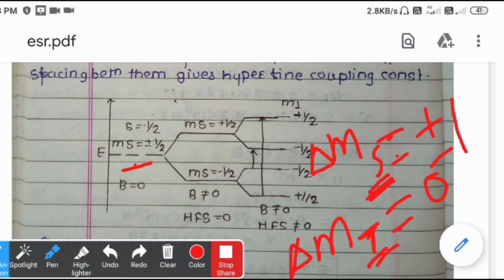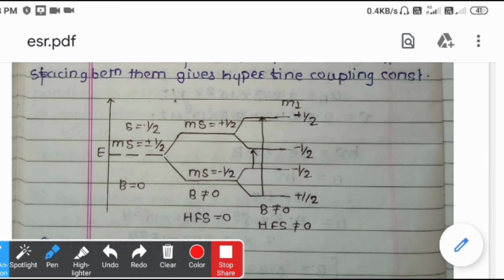But when we apply the external magnetic field, we get the splitting of electrons into two energy states, ms equals minus 1 by 2 and ms equals plus 1 by 2. Once the electrons are distributed into the two energy states, they interact with the nucleus. The nucleus again has two energy states, plus 1 by 2 and minus 1 by 2.